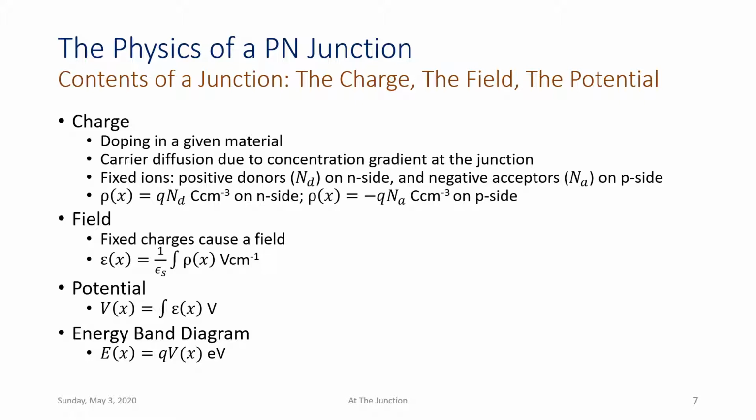And so there is a charge concentration represented by rho of x, which is equal to Q, the charge, 1.6 times 10 to the power minus 19, times N sub D, coulombs per centimeter cubed on the N side, and the charge density is minus Q N sub A, coulombs per centimeter cubed on the P side.